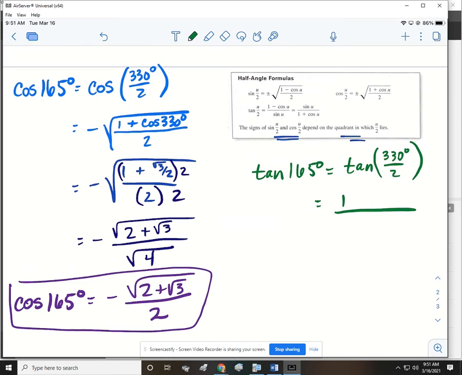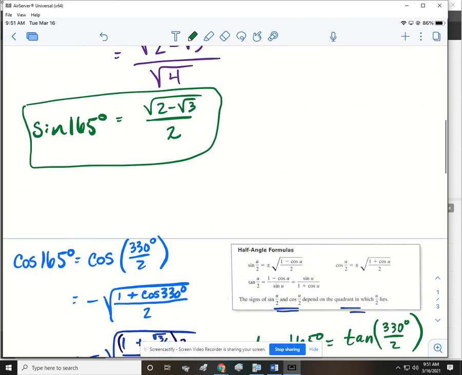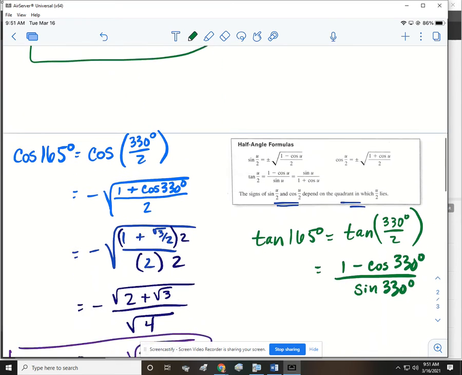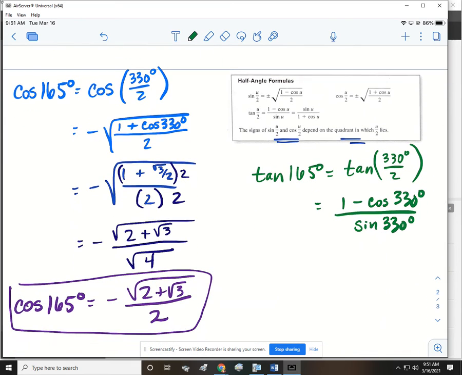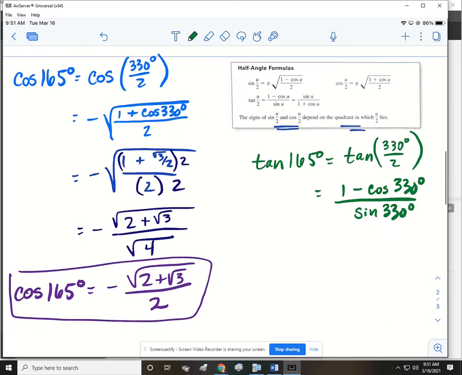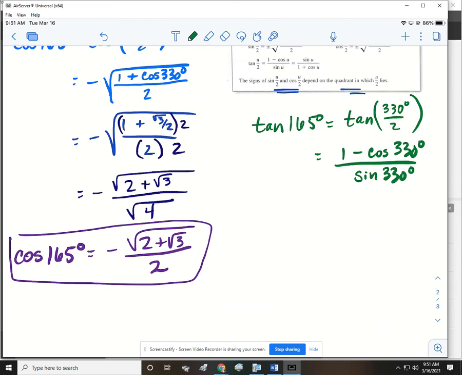So it's going to be 1 minus the cosine of 330 degrees over the sine of 330 degrees. Now, in this case, I wouldn't do the sine of 165 over the cosine of 165 degrees. That just had the radicals do weird things. It's easier to use the formula in this case.